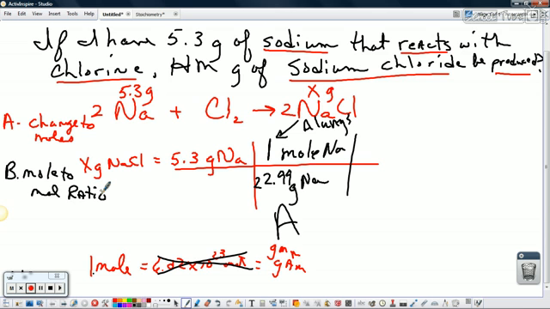What does it say underneath the GMM? Subscripts only. So I only take, what's the number of atoms of Na there are? What's the subscript? 1. So I have mentally multiplied 22.9 times 1. I did not look at the 2. I do not look at the coefficient until I do the B step.